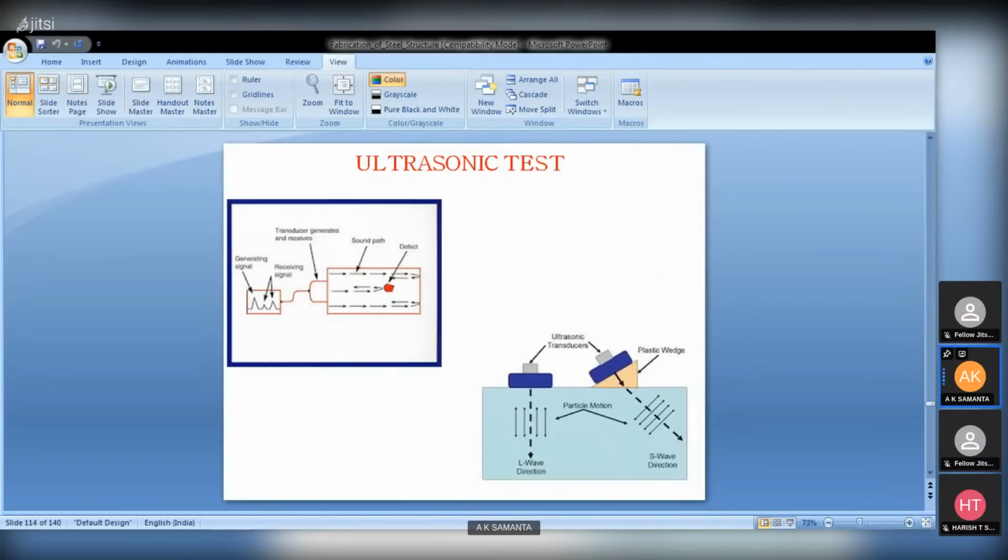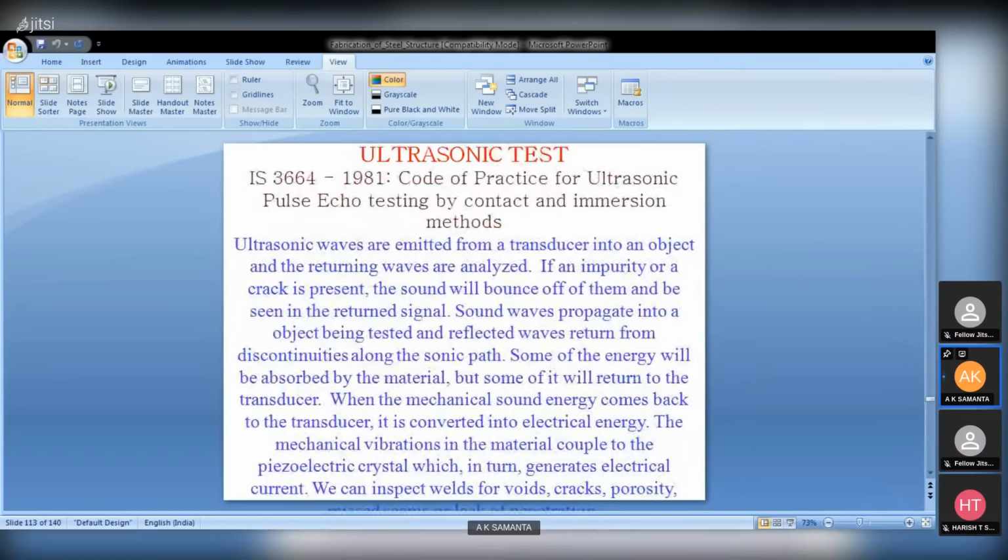By that way, on our screen, we can see at what depth or at what location the crack is there. So if a crack is there, we have to reject the welding. This ultrasonic test is carried out in an angular way as well as under water. All are there. So in the code 3664, it is given how to carry out the ultrasonic test.